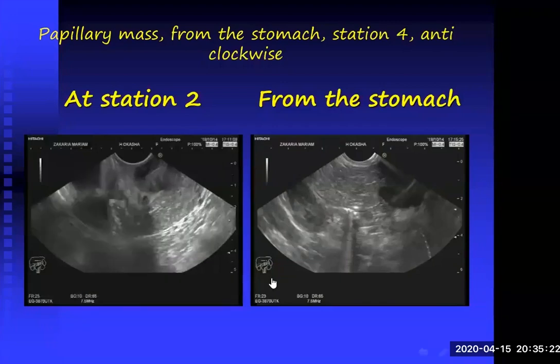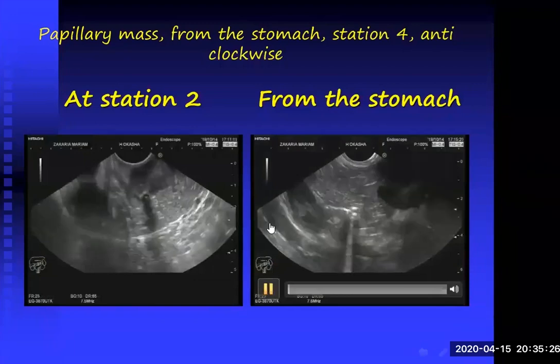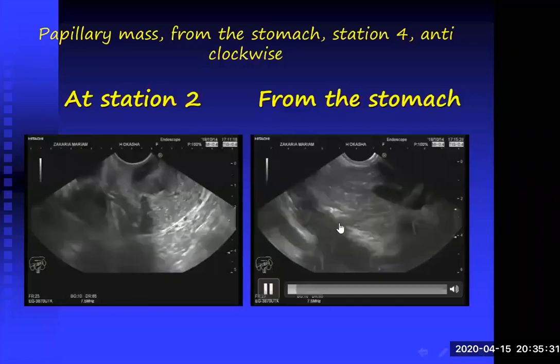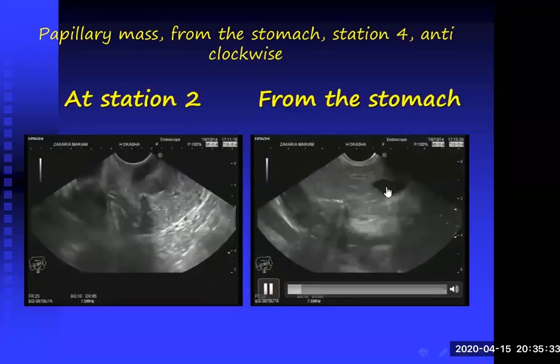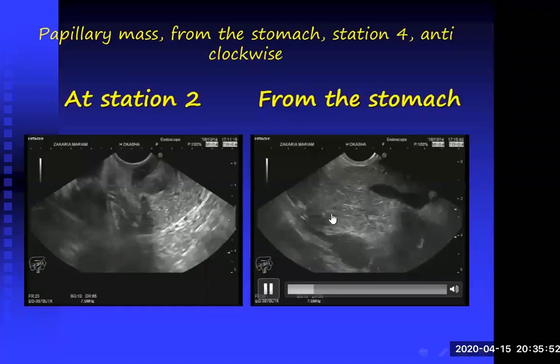And here, examination from the stomach. I can see the superior mesenteric vein, and this is the papillary mass, and this is the second part of the duodenum, and here the common bile duct is collapsed over the stent. The common bile duct is not dilated because there is a stent inside and there is air inside.